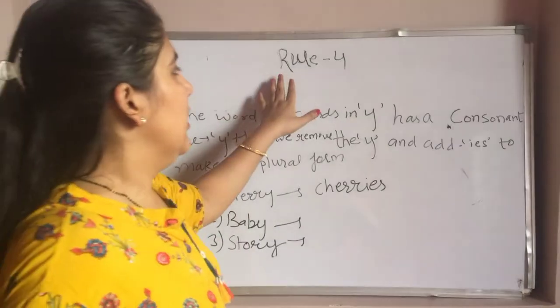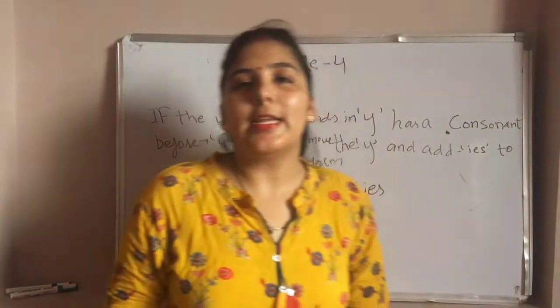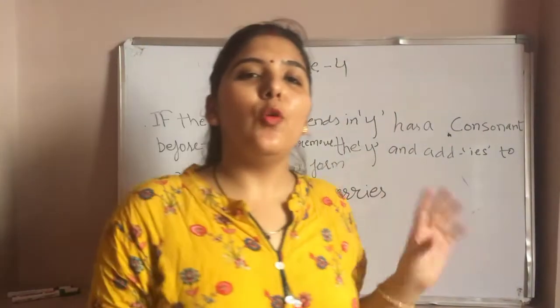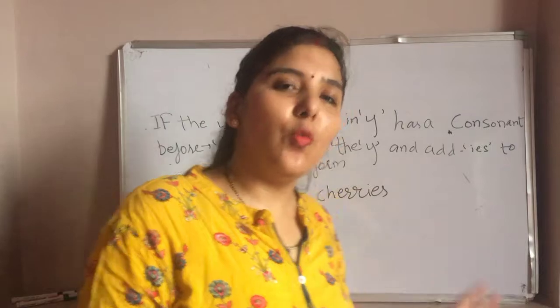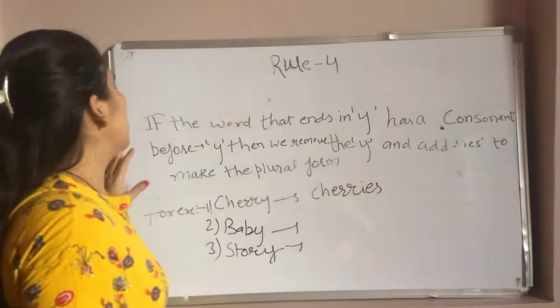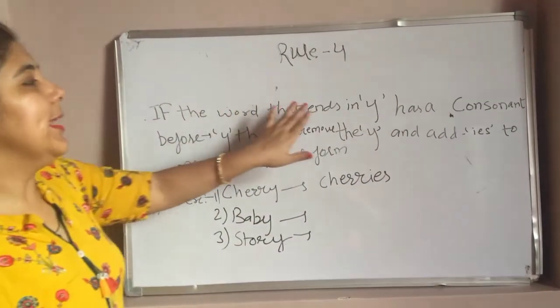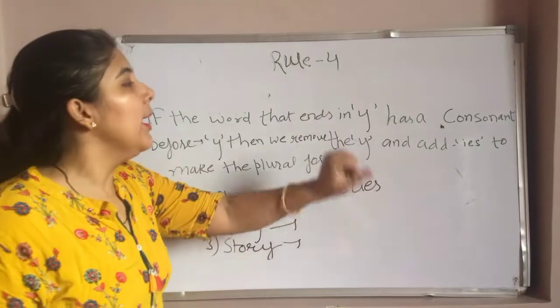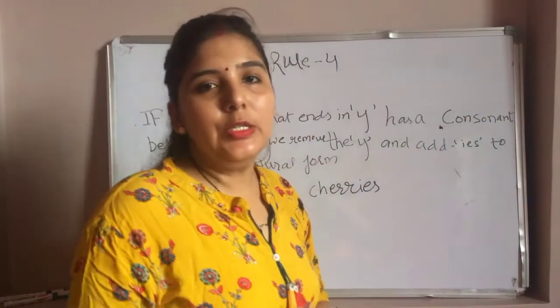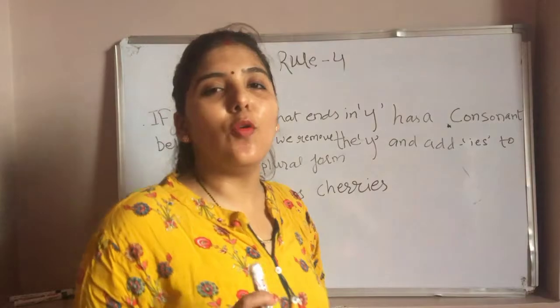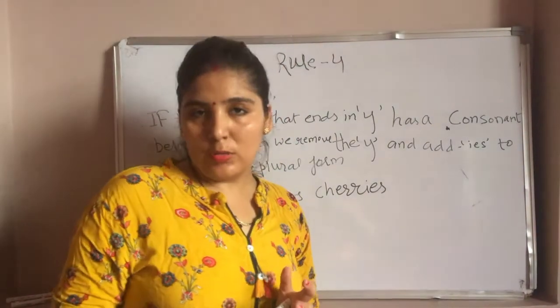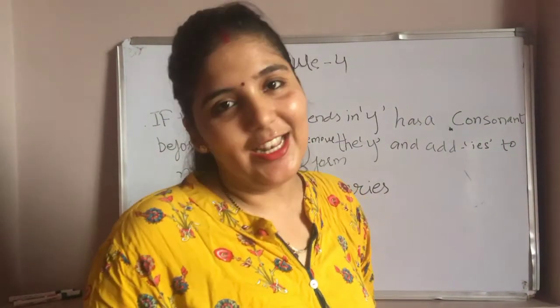Rule 4. Students, rule 4 is connected with rule 3. In rule 4 we are also going to study about y. Okay, so if the word that ends in y has a consonant, what? Consonant. If you want to know more about consonants, please subscribe my channel.